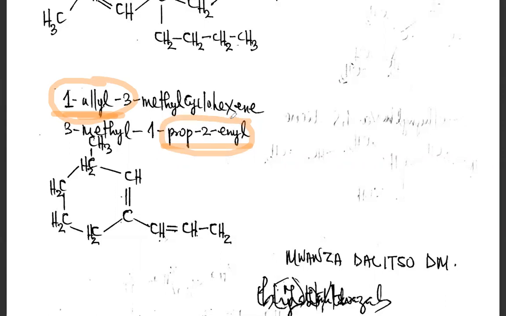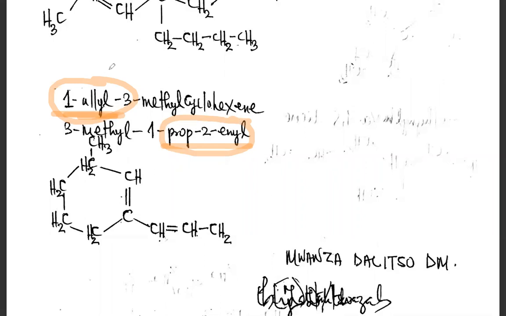So as time goes on, please also acquaint yourselves with the nom usual and the nom IUPAC, because some questions always have those two tricky things, where they want to question you on whether you really know what the nom usual for this compound is, or the nom IUPAC.